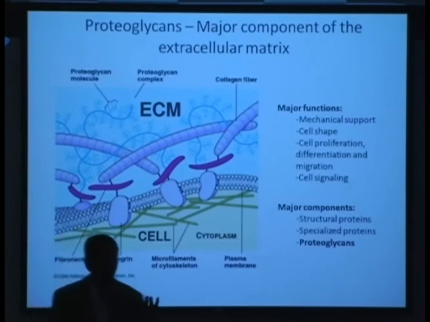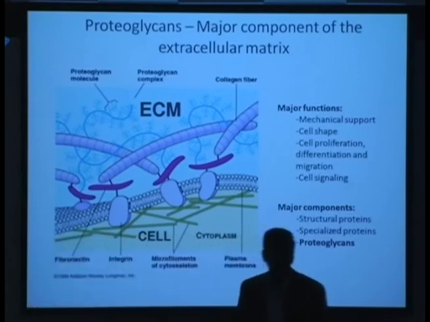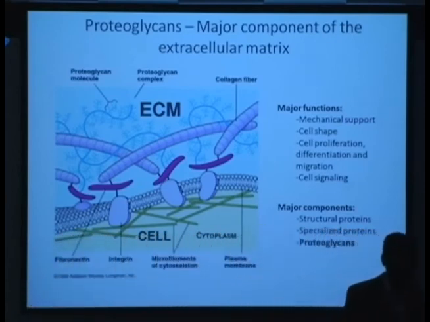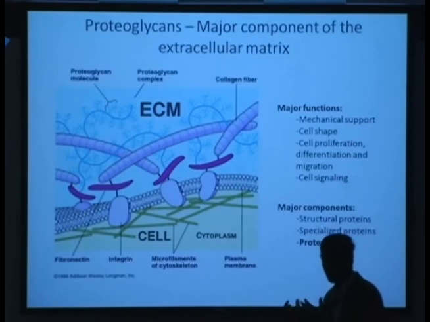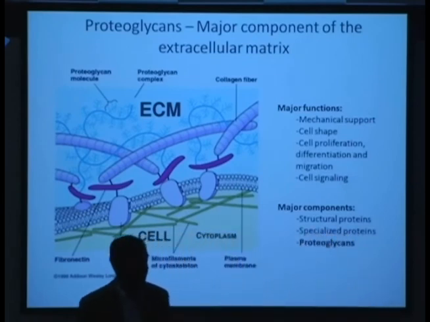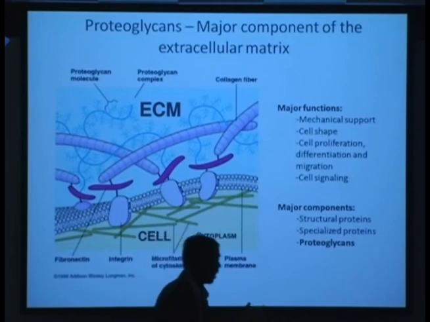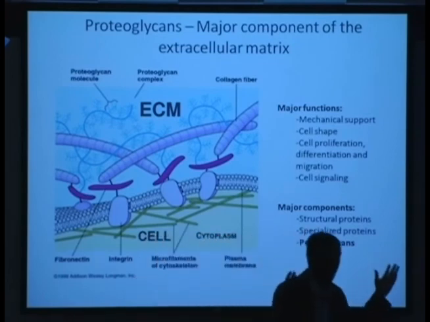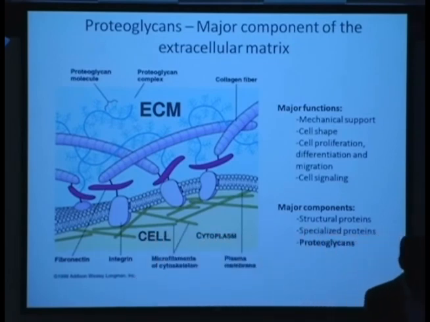First of all, it provides mechanical support, giving cushion, and it also plays a role in differentiating cells, triggering cell death or cell growth through signaling pathways, and also cell migration. When cells decide to migrate, or to divide and grow, where are they going to go?